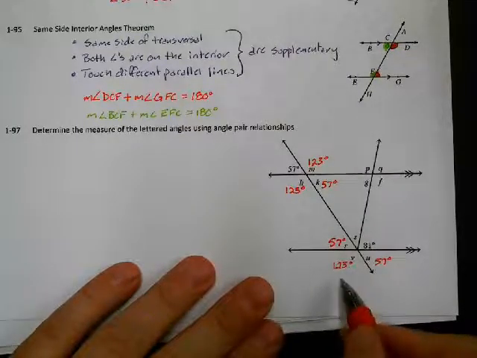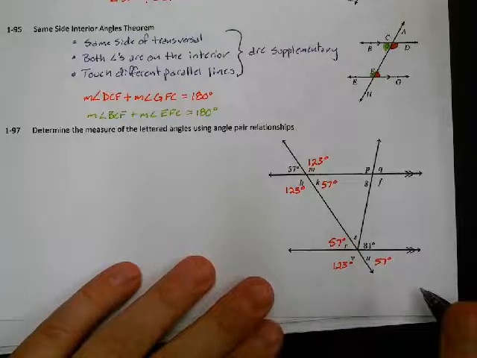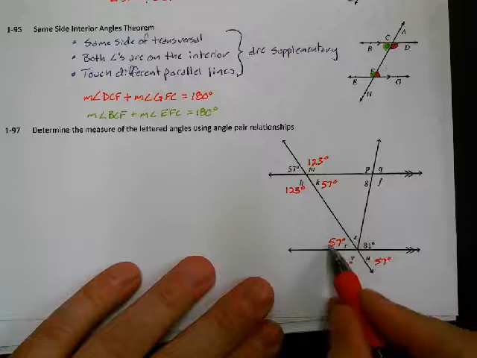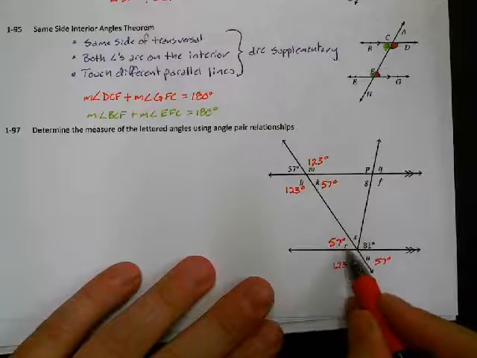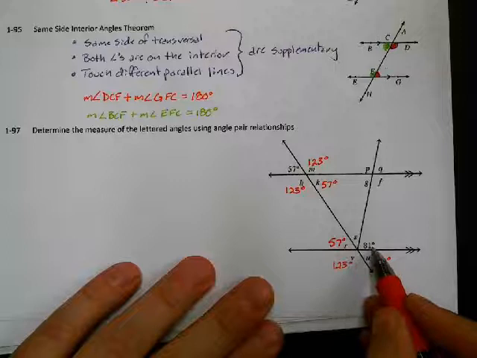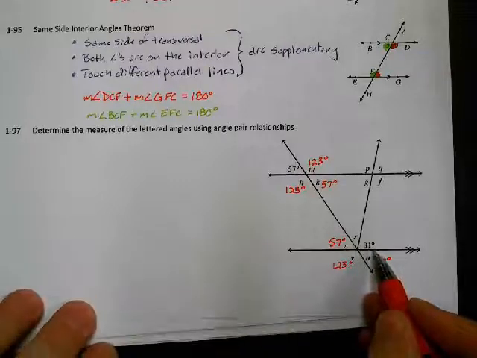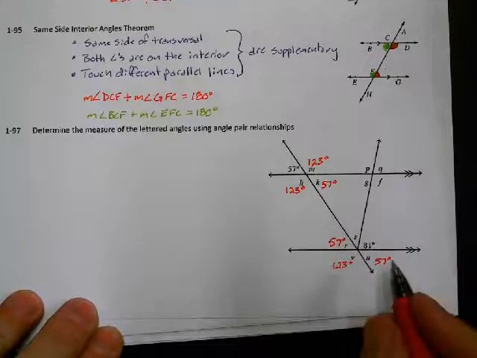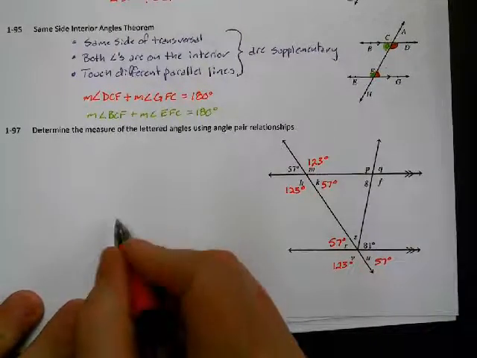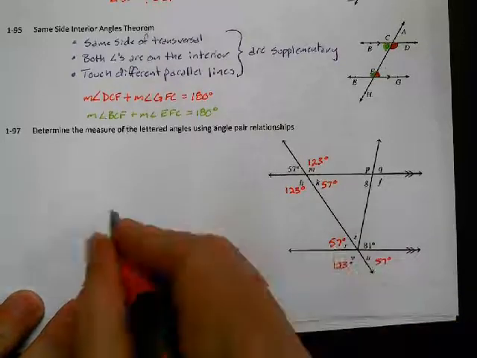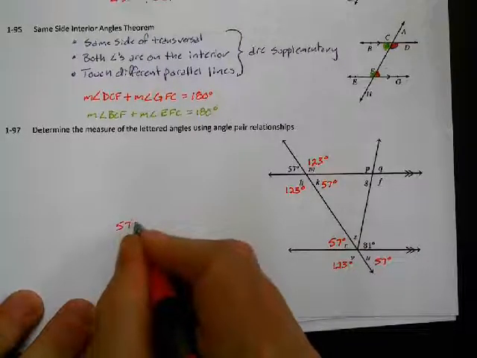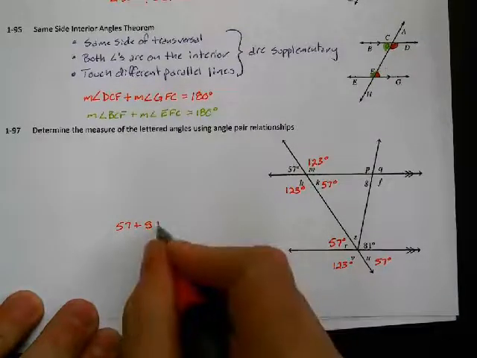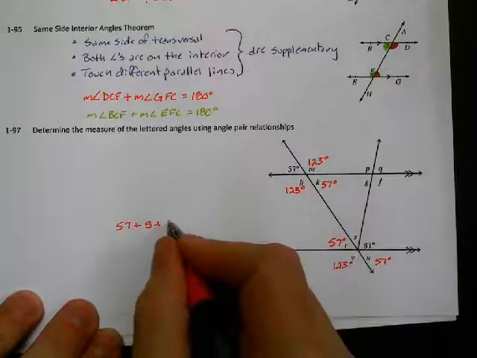So what I could do at this point, well, there's several things. I could add these three angles together, R, S, and this one, they should add up to 180 degrees because together they make a straight line. We'll just do that. So we'll say that angle R, which is 57, plus angle S, plus 81, those three together should make a straight line.